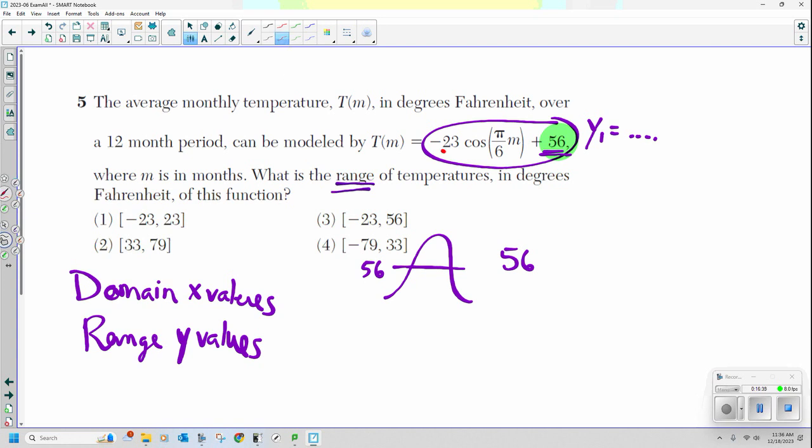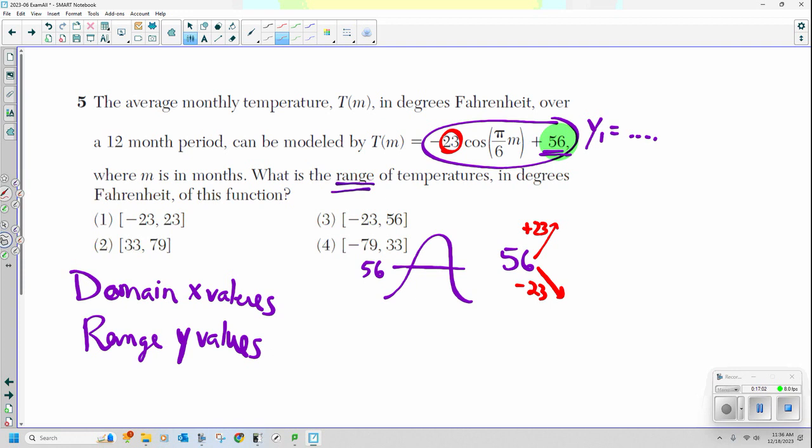The great part is 23 is our amplitude. That means from 56, I go up 23 and I go down 23. That's what amplitude means. It goes up and down. It's like an amp to a radio or an audio system, which pushes the volume up and brings it down low.